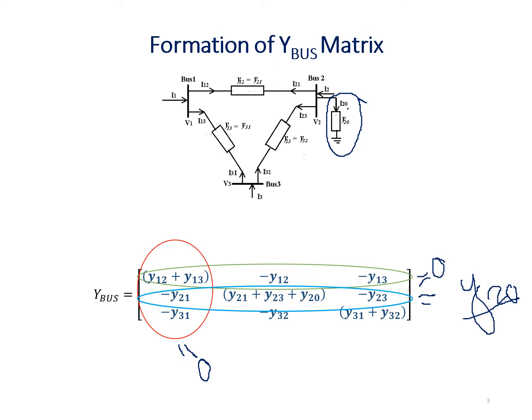Now similarly, someone can perform that sum column wise. In that column wise case, if someone finds out that sum, it is equal to again Y20.